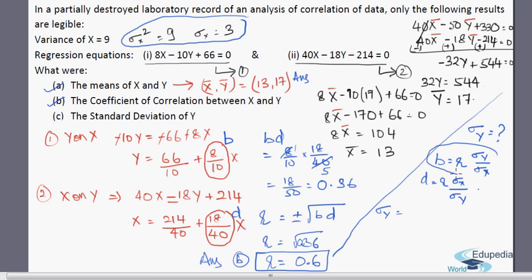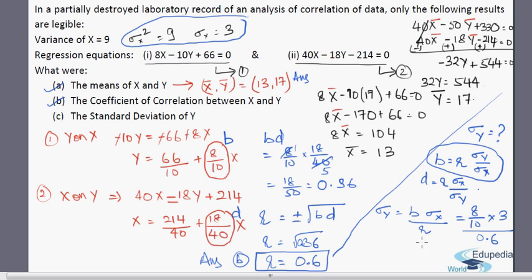Okay, so when we work this out, let's keep sigma y on one side and the remaining things on the other side. We'll have b times sigma x divided by r. So b is equal to 8 by 10, right? So 8 by 10 times sigma x is 3 and r is 0.6.